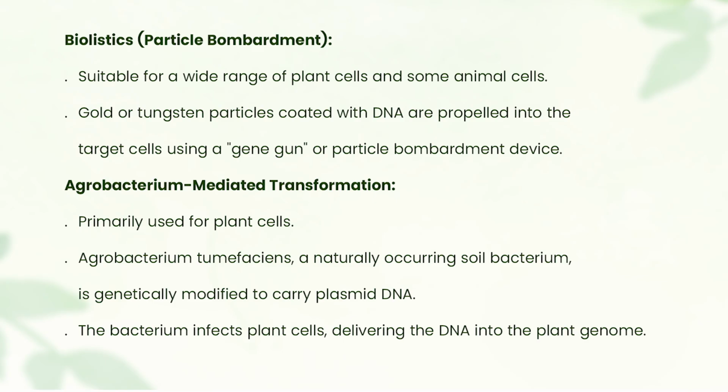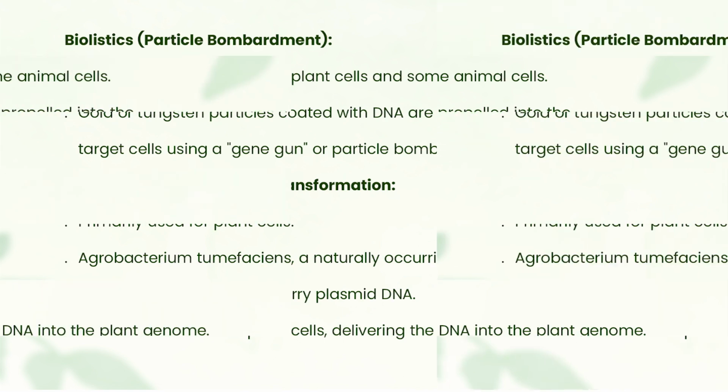In biolistic or particle bombardment, suitable for a wide range of plant cells and some animal cells, gold or tungsten particles coated with DNA are propelled into the target cells using a gene gun or particle bombardment device.